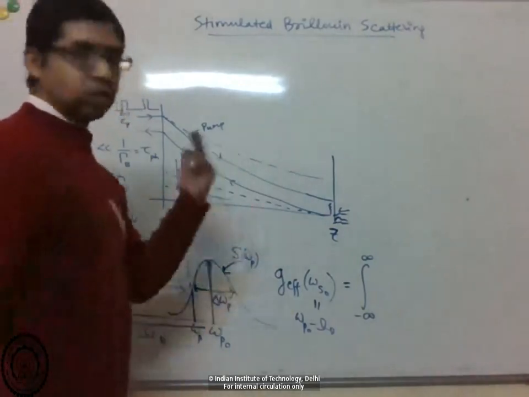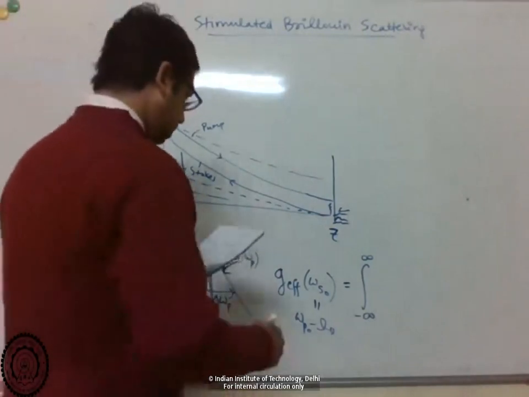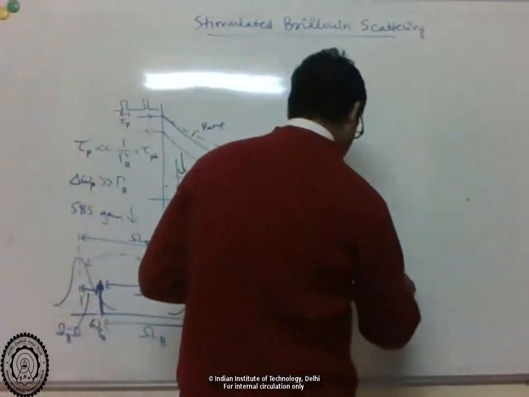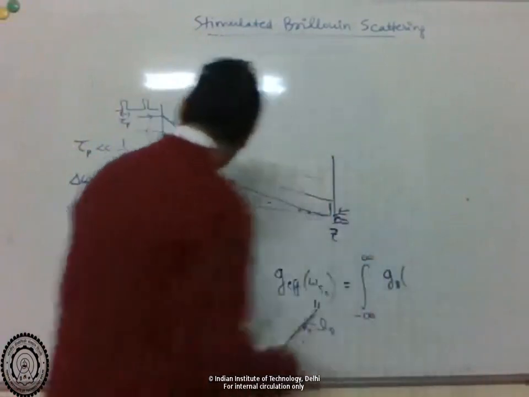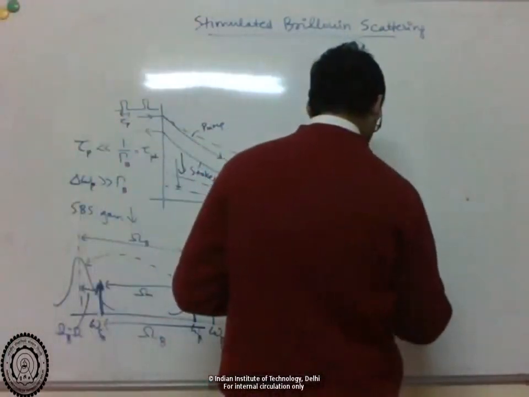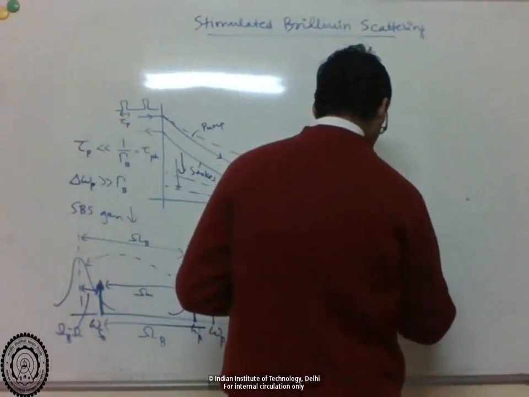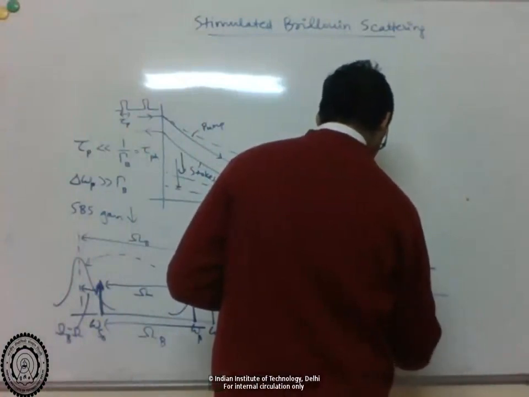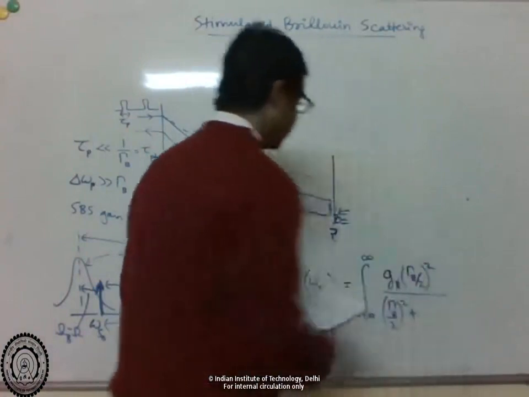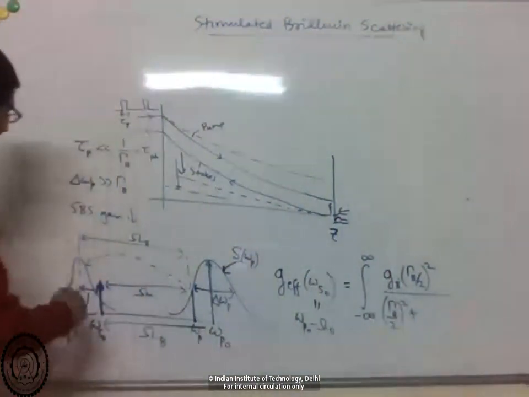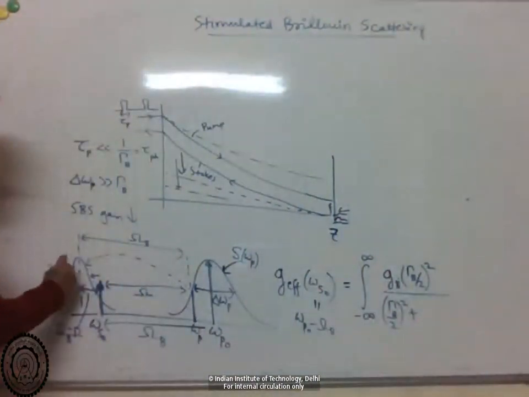So we are adding all those effects. For this frequency omega p, the gain would be, remember we had a Lorentzian line shape for this gain, with gamma b as the line width here.